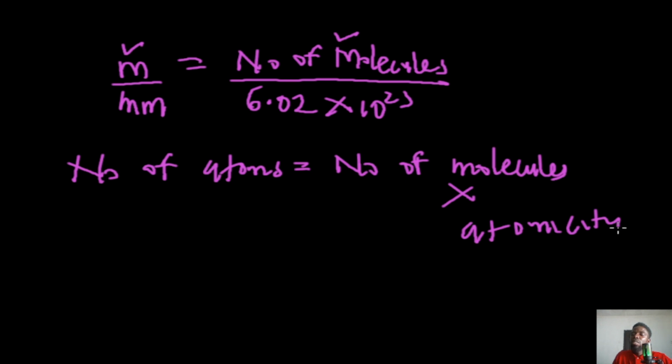So once you have that, automatically you get your number of atoms. However, remember I am emphasizing this particular formula for mass to number of molecules. So once you are relating the mass to number of molecules, please not number of moles. Moles and molecules are not the same thing. A mole is a quantity, a molecule is a particle. This is one of the things we've discussed in our earlier videos.